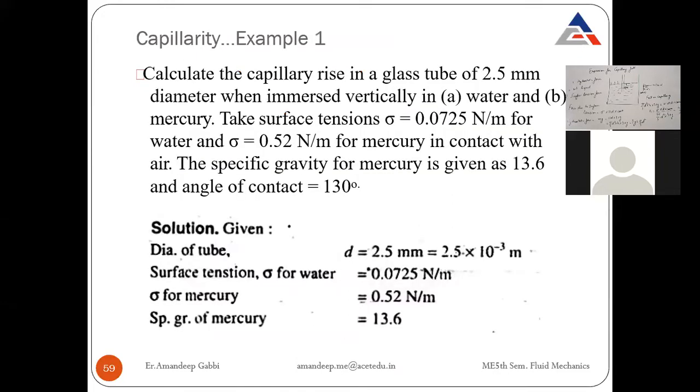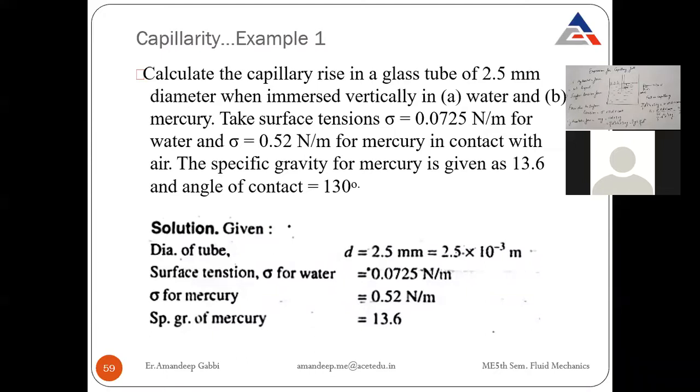Now you have to calculate the capillary rise in a glass tube of 2.5 mm diameter when immersed vertically in water and mercury. Take surface tension sigma equal to 0.0725 for water and sigma 0.52 for mercury. In case of water, there will be a rise of water level in the capillary tube, and in case of mercury, there will be a fall of level in the capillary tube.